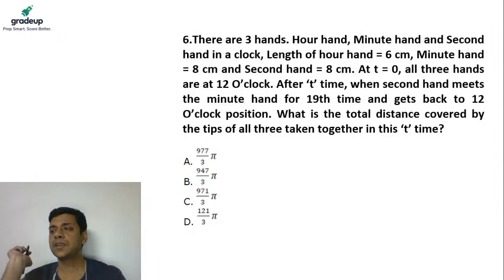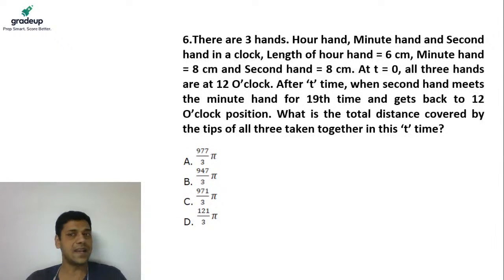Now first thing, can I say it is nothing but 20 minutes? Yes or no? It is basically: second hand and minutes hand will meet for the first time after 1 minute and something. Then again they will take 1 minute and something.